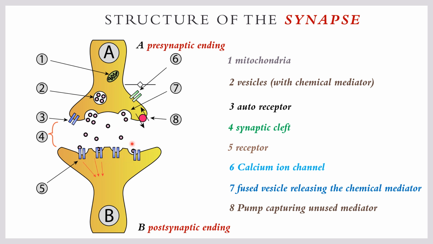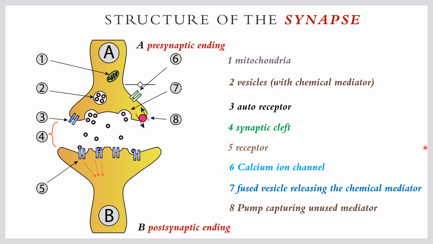The receptor will capture the neurotransmitter, and the neurotransmitter then will generate an electrical impulse that will run over the dendrites to the soma, from the soma to the axon, and from the axon to the next cell, and so on and so forth.